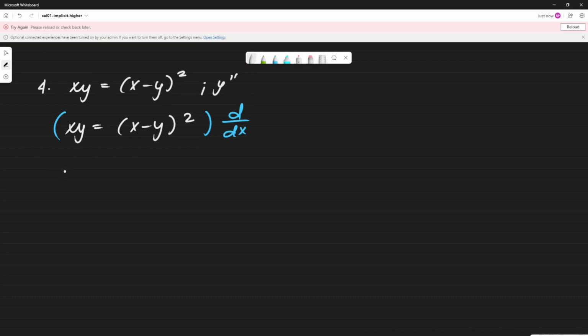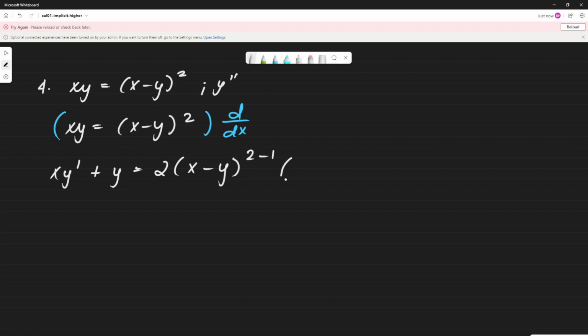So, we will arrive with, okay, product rule. So, we have xy prime plus y, because the derivative of x is 1. So, 1 times y is equal to y. So, we have 2 times x minus y. Okay, then 2 minus 1, let's put 2 minus 1, which is actually simply equal to 1.